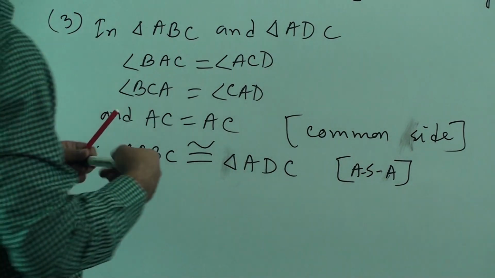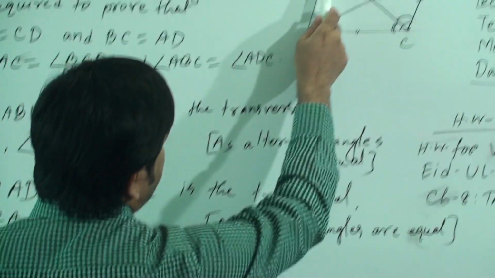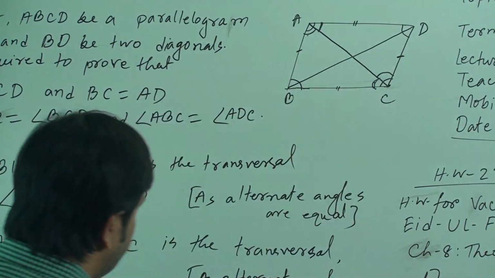So triangle ABC and triangle ADC are congruent.